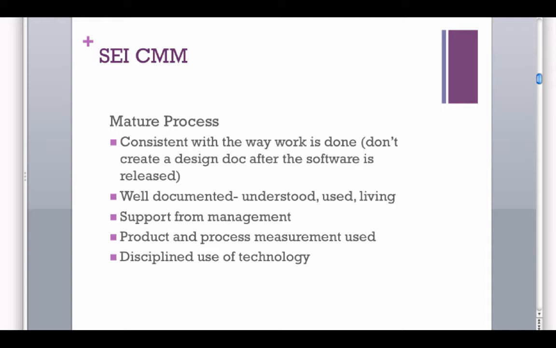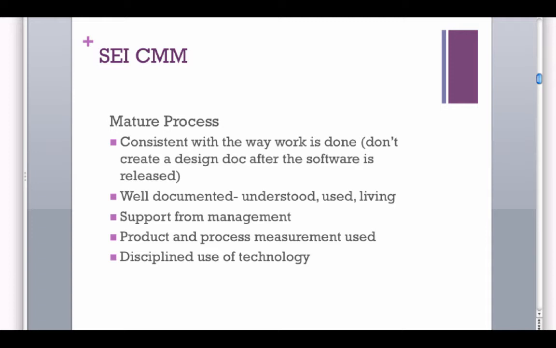Let's see, a mature process, we have product and process measurement is used. So we measure things. A mature organization will measure things. How many lines of code are completed in one day? How many code reviews did we have in a given month? Okay, all of those statistics are important for managers later on, because if something's out of the norm, they'll want an explanation why.